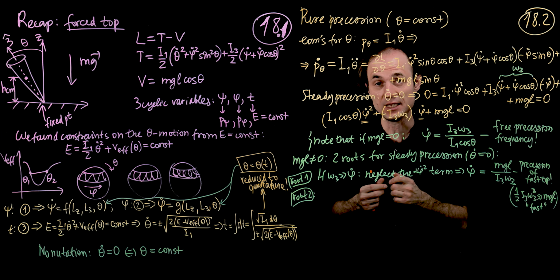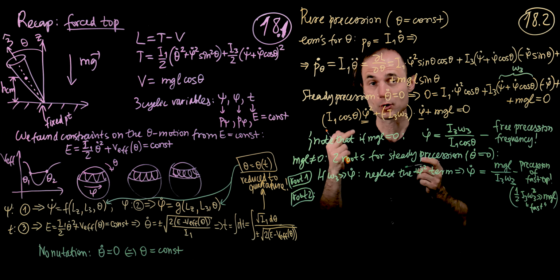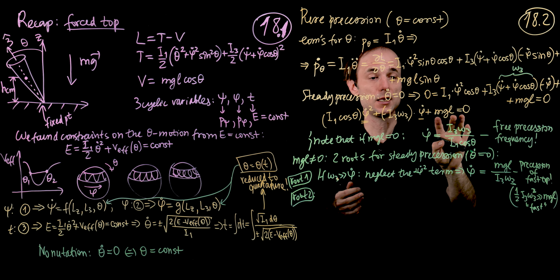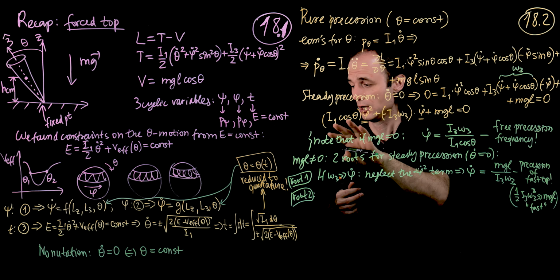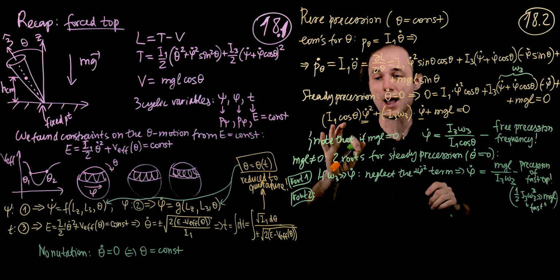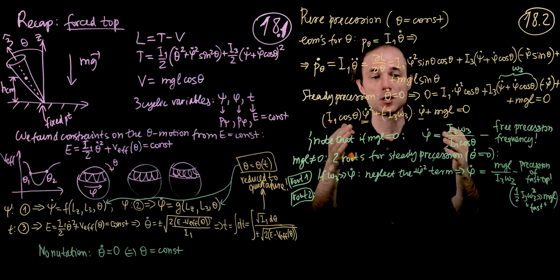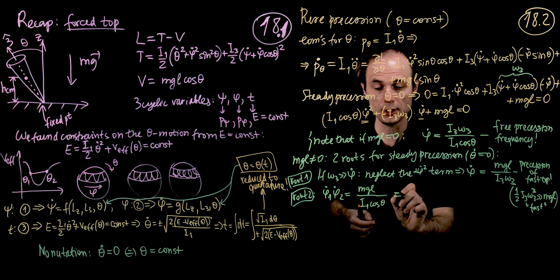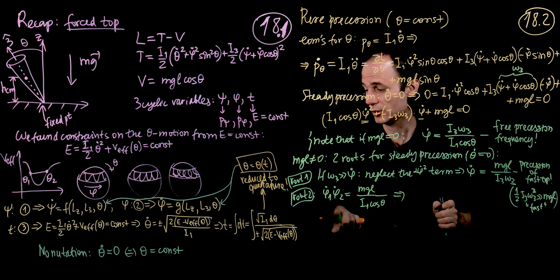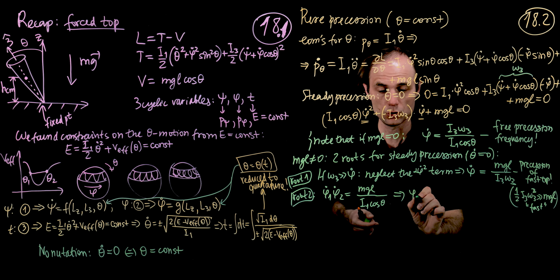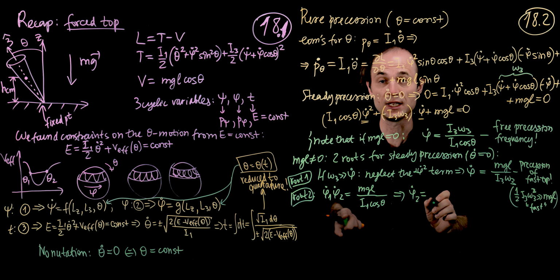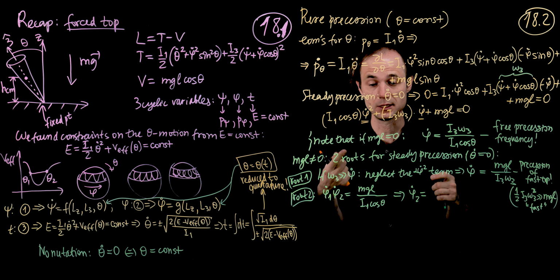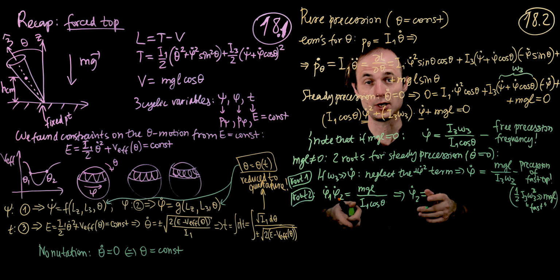We know that by Vieta's theorem, the product of two roots is giving us the ratio of mgl divided by I1 cosine theta, c over a. So from here, we can figure out what phi 2 dot will be, the other root, in the limit that is not omega 3 greater than phi dot.